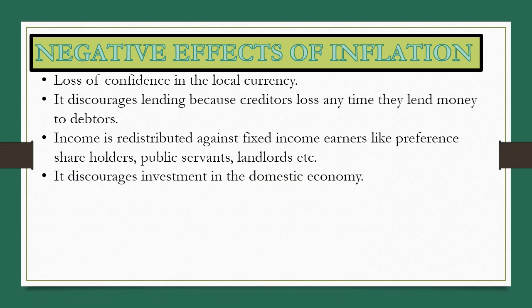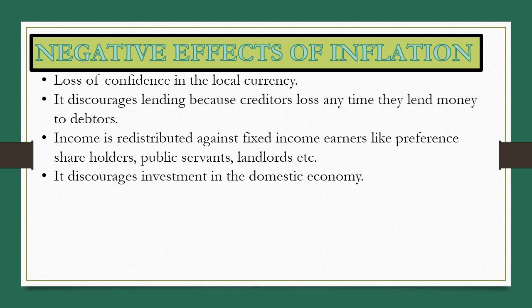4. Inflation discourages investment in the domestic economy, hence misallocation of resources. This is because people will prefer importing goods from outside at cheaper prices to sell rather than producing by themselves. Also, planning becomes a difficult venture for investors once there is a sharp difference between the targets and actual values.